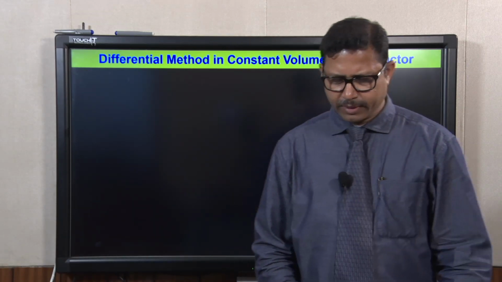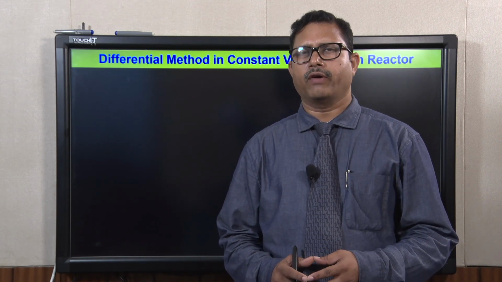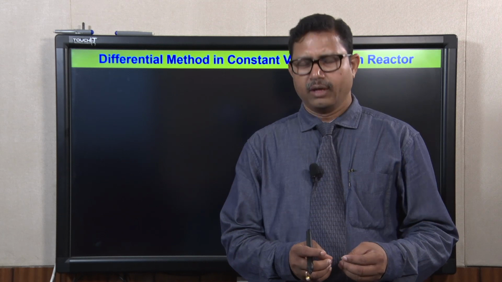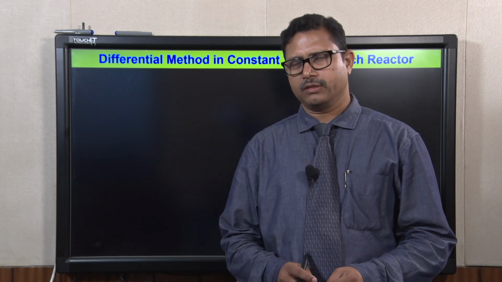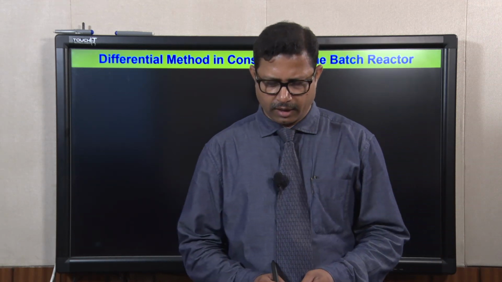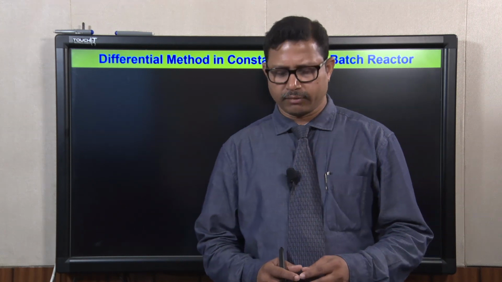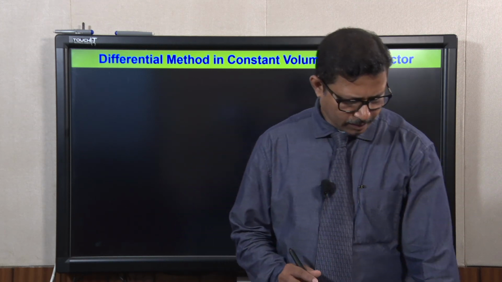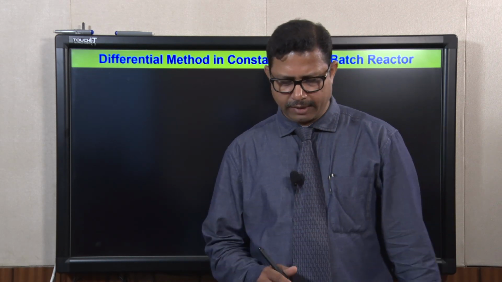As we said at the beginning, in case of the differential method of analysis, we directly take the differential form of the rate equations and test whether it fits the data obtained from the batch reactor. The method of fitting generally follows 3 steps.